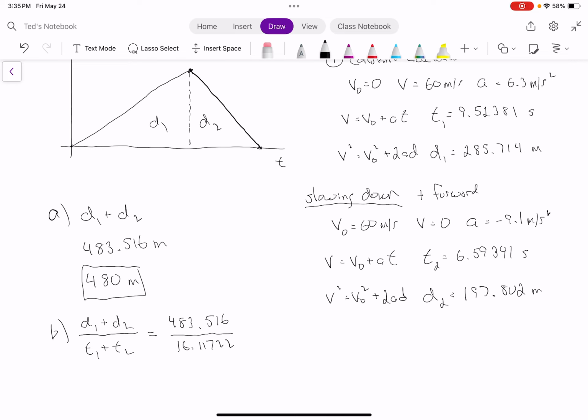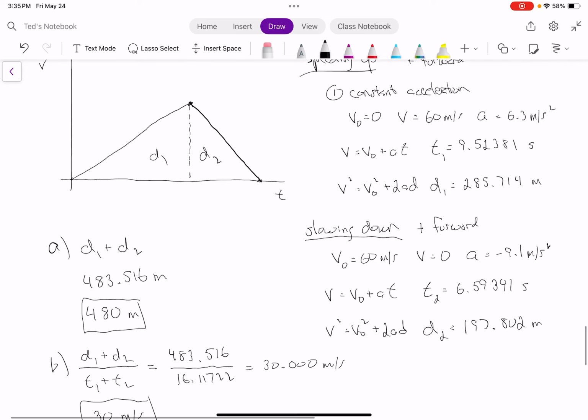So 483.516 divided by 16.11722 is 30.000 meters per second, which is 30 meters per second, the average velocity for the whole trip.